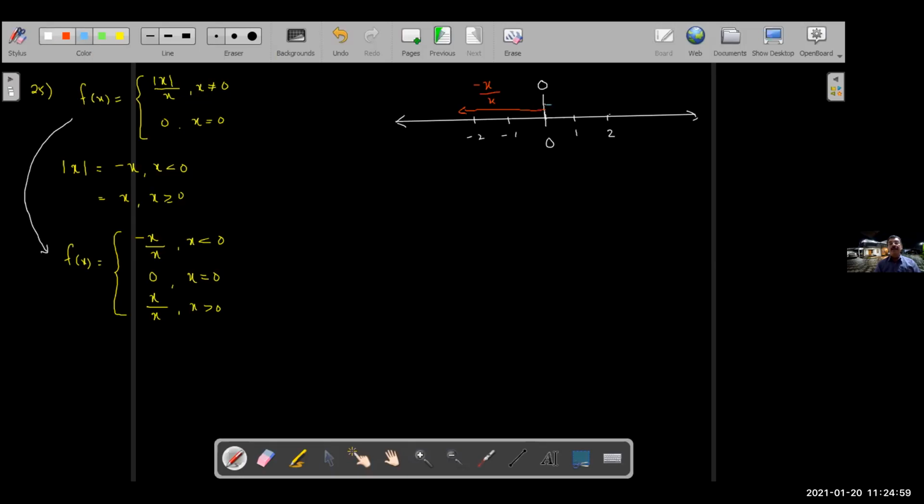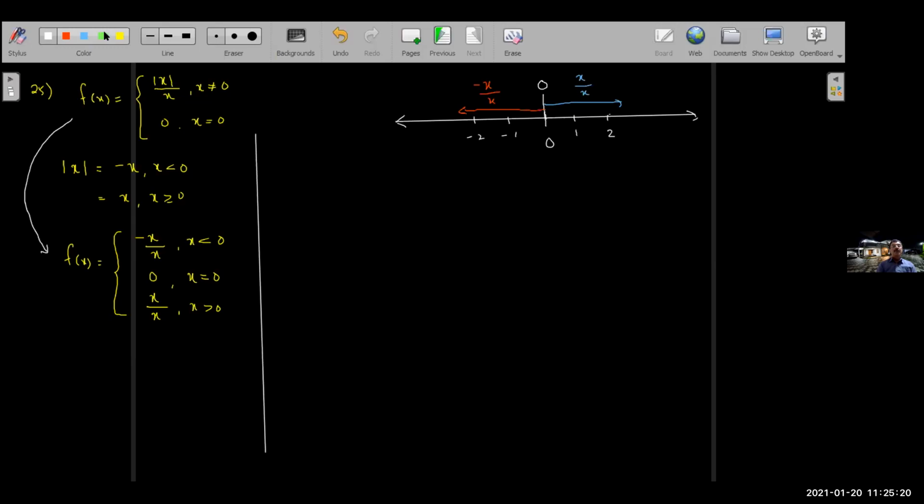Towards right, it is x by x. This is the definition given.